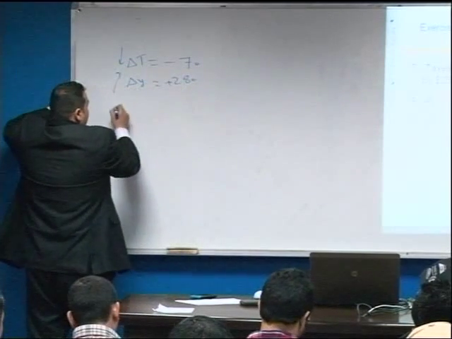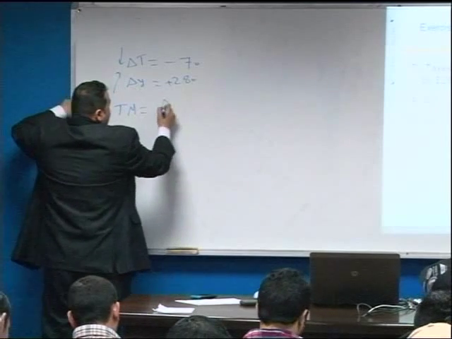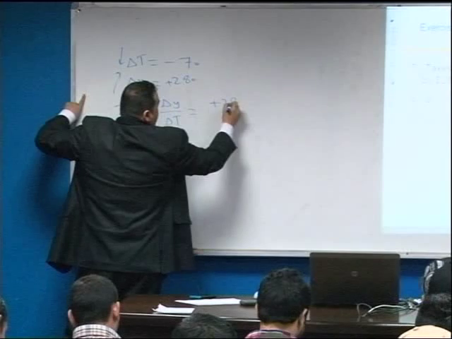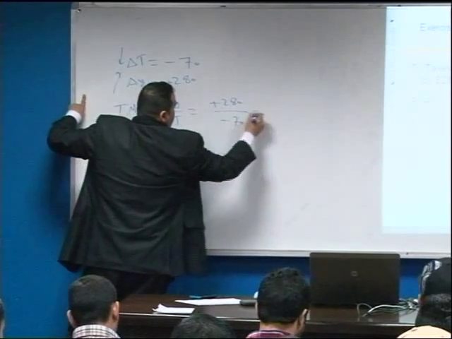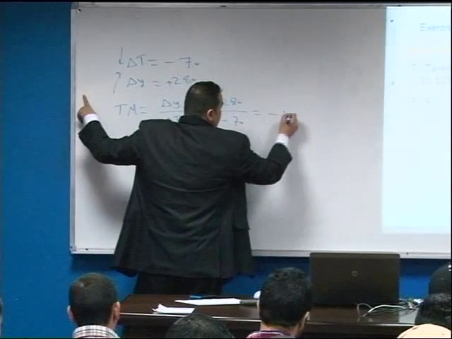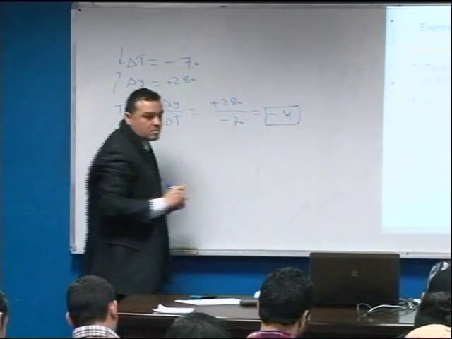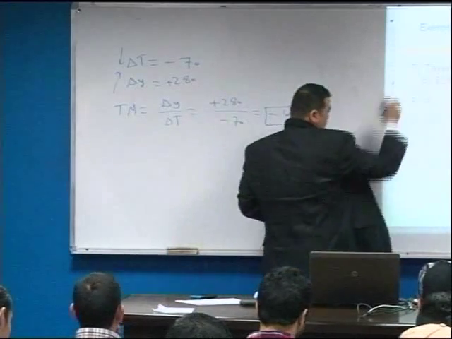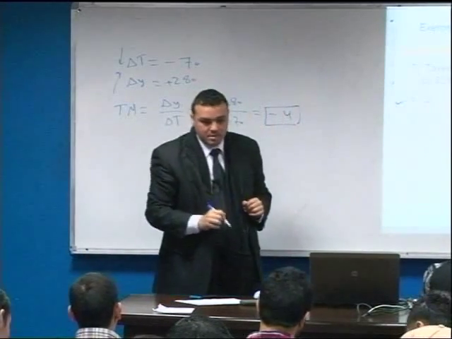The tax multiplier equals what? Delta Y over delta T, which equals positive 280 over minus 70. How much? Minus 4. Right? Yes, minus 4. So A is the answer. Okay.